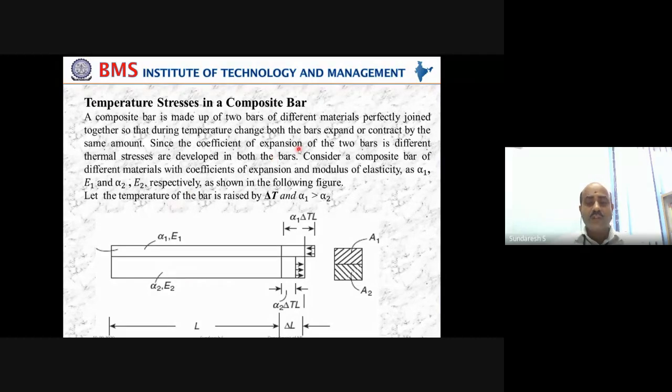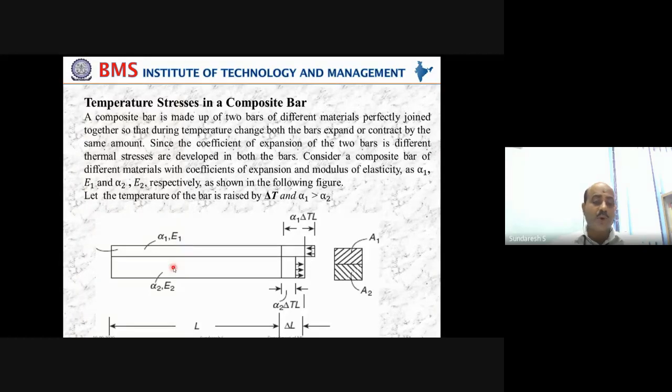Since the coefficients of expansion of the two bars are different, thermal stresses are developed in both bars. These are two bars of different materials, which means they have their own properties. So let us take bar one, which has a coefficient of linear expansion alpha 1 and modulus of elasticity E1.